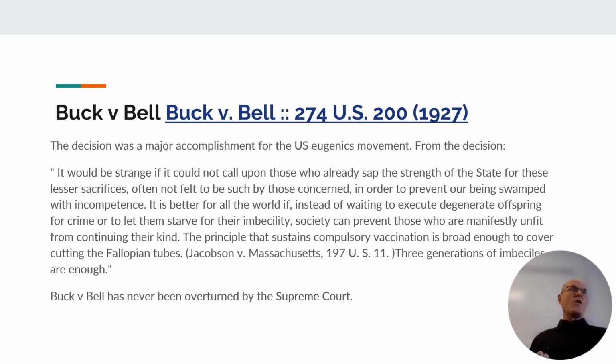Now, the Buck v. Bell decision was very much admired by the Nazis in Germany. Look how well the U.S. is doing with its eugenics movement. It's legalizing the sterilization of those it deems unfit.